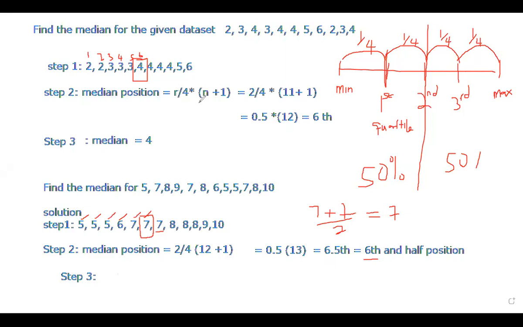Let me type this one here. So the number in the sixth position was 7, plus 0.5, the half of the interval between the sixth and the seventh. So that will be 7 minus 7, and 7 minus 7 is 0.